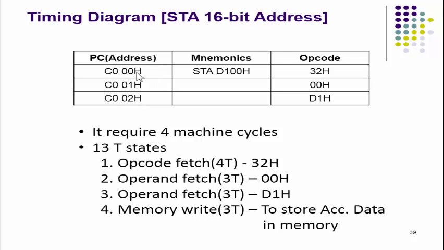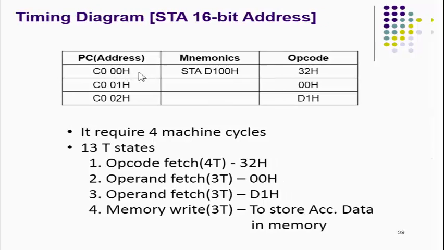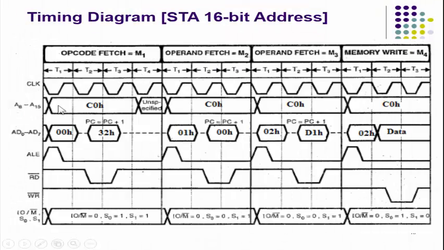So first machine cycle M1, that is opcode fetch machine cycle. So here the PC, during the execution we know very well program counter holds the address of the memory locations. That is, suppose processor is going to execute the program starting from C000, and suppose starting from C000 this instruction is stored, so 3200D1.